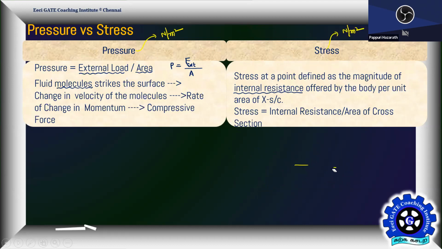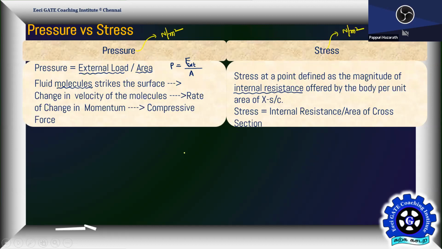Understood or not? How to give a single line difference between pressure and stress? Tell me, single line difference. I am not talking about physical quantity, I am talking about the difference. If someone asks in the interview, you need to give the difference like this.